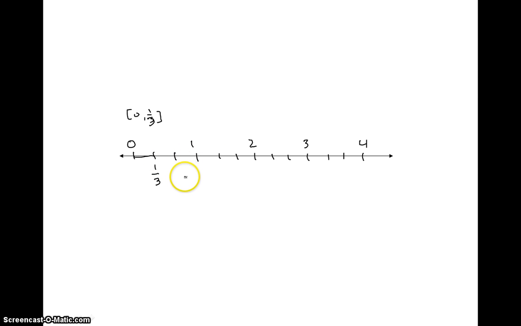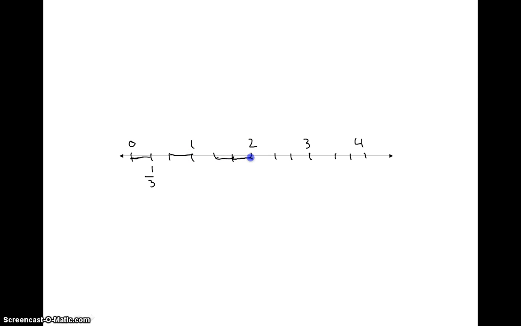Okay, so now if we have a collection of these, let's go to this next one. If I've taken this and partitioned it into 3 equal parts, we can identify these again as 1/3. So here is 1/3, like we just said, this is 1/3. But this is also 1/3. This is 1/3.